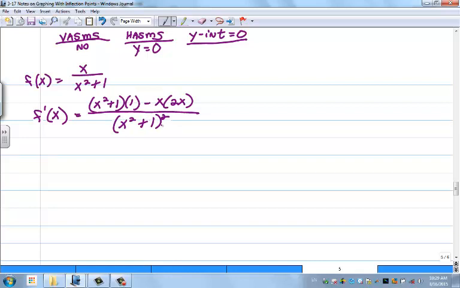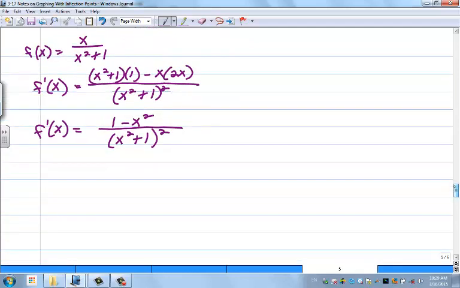Then I'm going to just do the algebra there, and I get f prime of x is equal to x squared minus 2x squared, which is negative x squared, and then plus 1. So 1 minus x squared. If you need Ms. Henny to do another step on the board for you on that, she'll gladly do it, I'm sure. And this is x squared plus 1 squared in the bottom. So that's f prime of x. That's not the hard one.